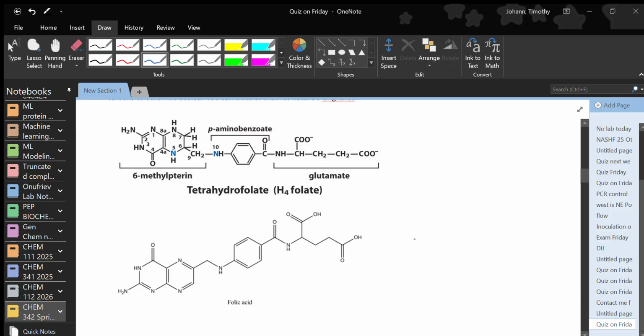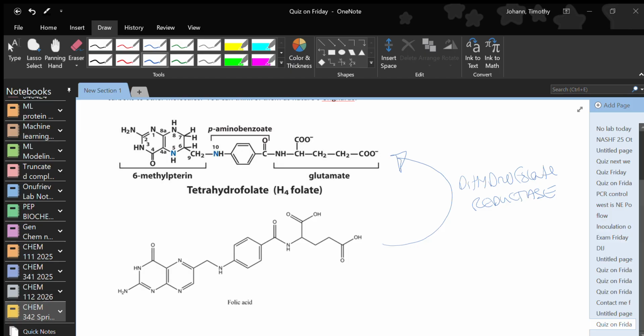And folic acid is going to be made into tetrahydrofolates using an enzyme called dihydrofolate reductase. What you'll see here, they're not exactly lined up, but look at this ring and this ring. You see how these two double bonds are gone?